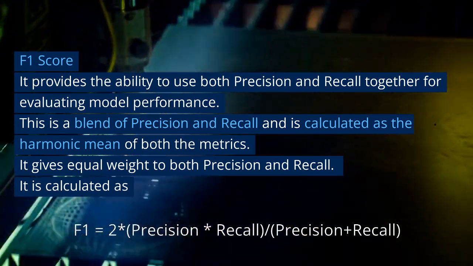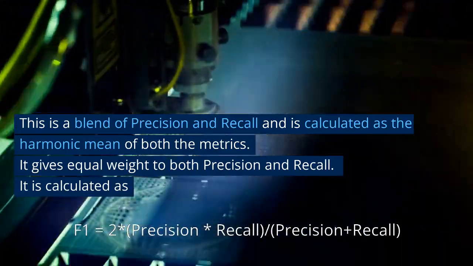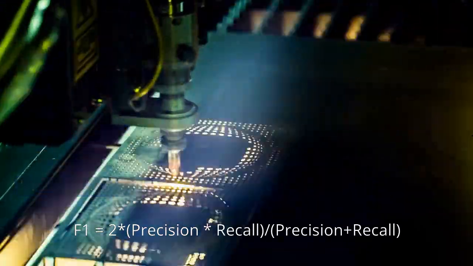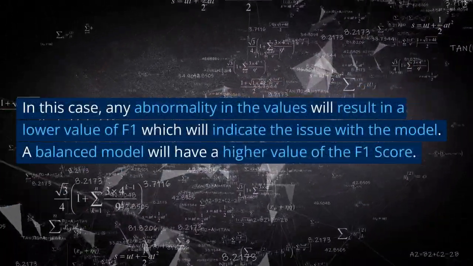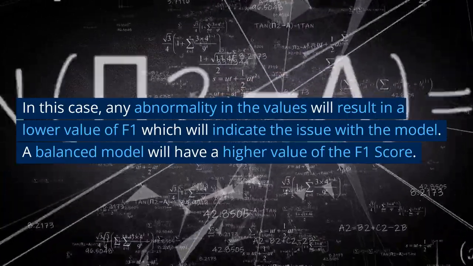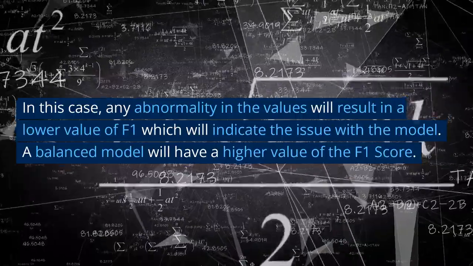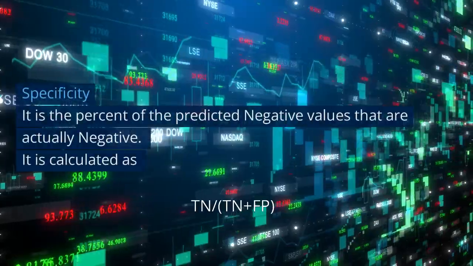It is calculated as 2 multiplied by the product of precision and recall divided by the sum of precision and recall. In this case, any abnormality in the values will result in a lower F1 score, which will indicate the issue with the model. A balanced model will have a higher value of the F1 score.